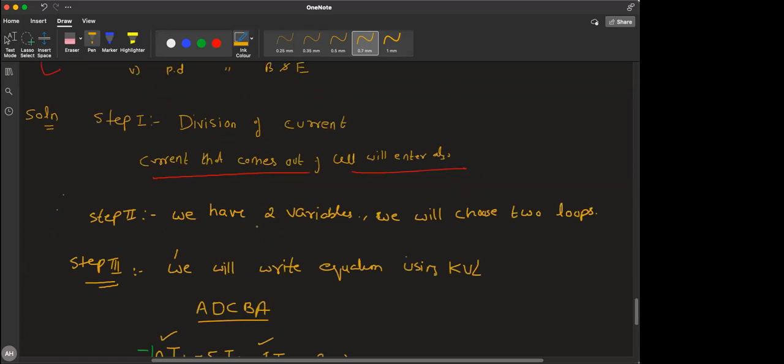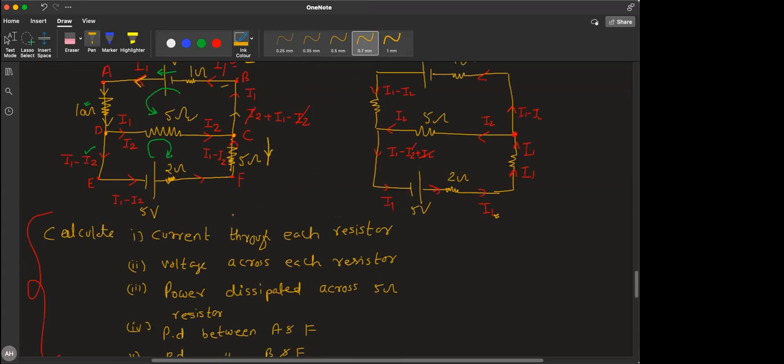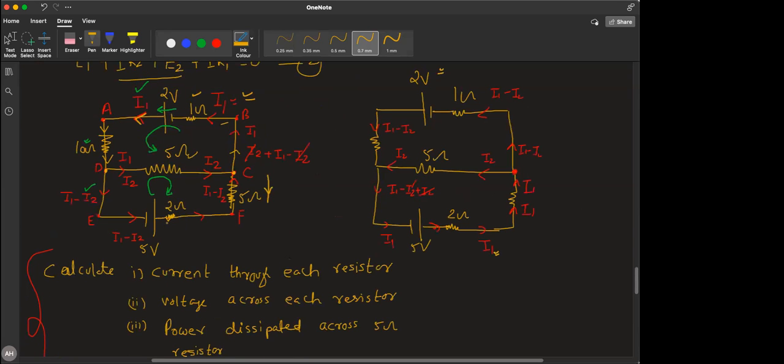Then we're going from F to E. This 2 ohm resistor, you're going in the direction of current or opposite to the direction of current? Opposite.